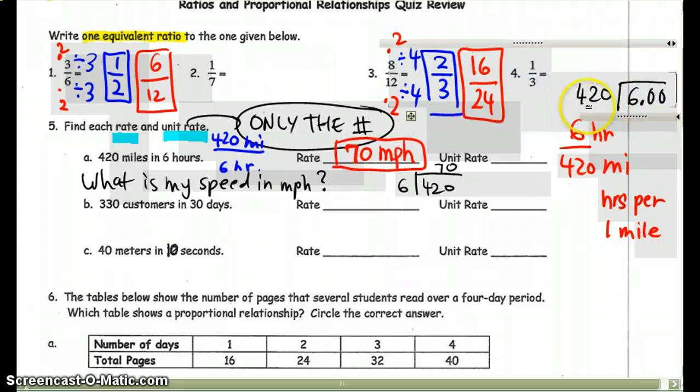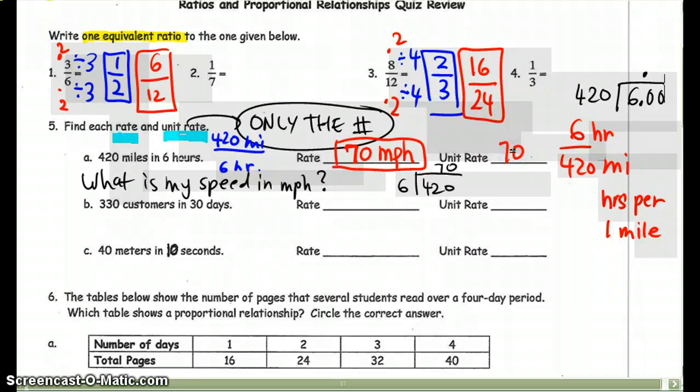We need 2 zeros so that it's bigger than 420. And if you still remember how to divide with decimals, that's how we would go there. But we don't need to find hours per mile, so I'm not going to continue, but that's still absolutely okay as an answer. But miles per hour makes more sense. And then the unit rate, I said, was only the number, so it's just the 70 without the label.